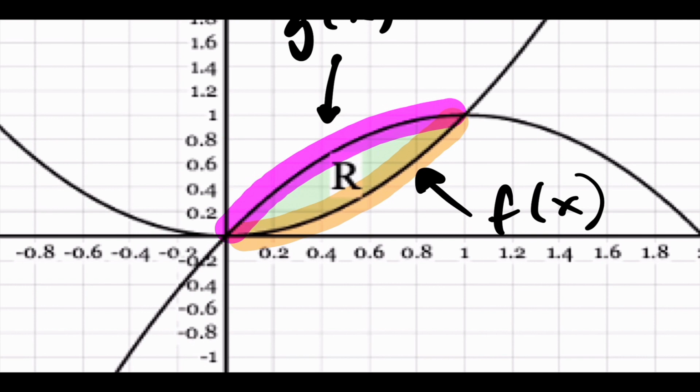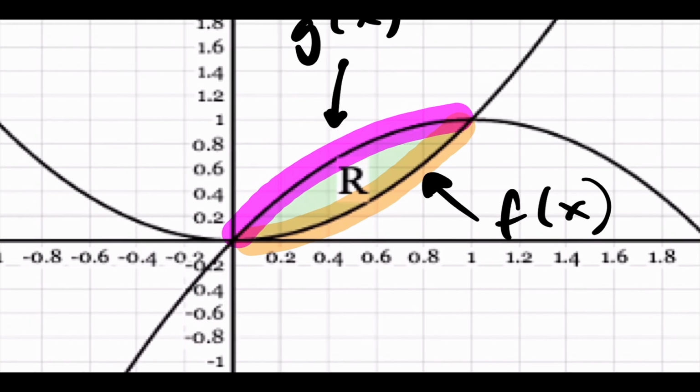How can we show that those 2 points that bound the green stuff in, these 2 red dots, are at 0 and 1?